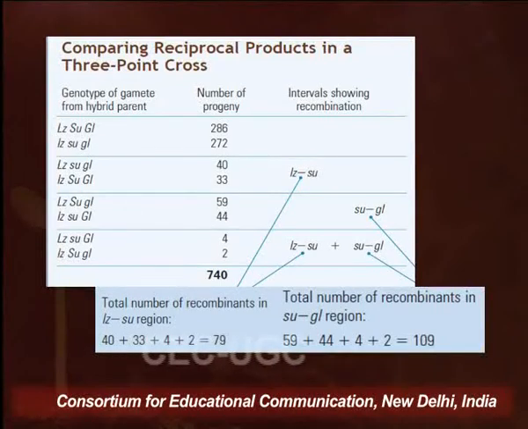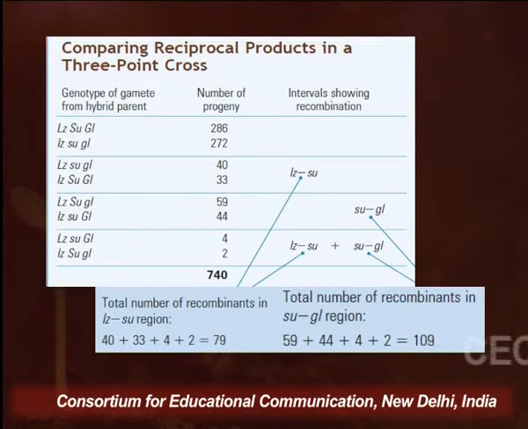So if we now further quantify the reciprocal products of the 3-point cross which we have just mentioned, we find that the total number of recombinants occurring in the LZ and SU region is 40 plus 33 plus 4 plus 2, which is 79.